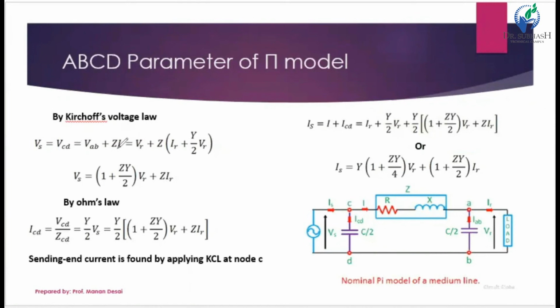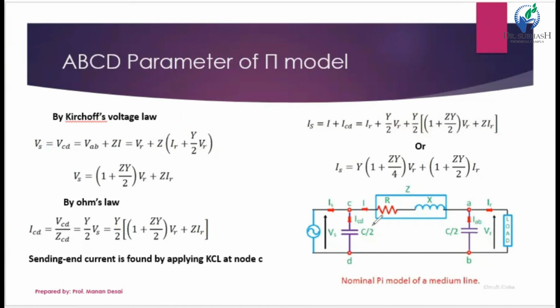VAB plus ZI is equal to the receiving end voltage VR plus Z times I, and as we have seen in the previous slide, I is equal to IR plus Y by 2 VR. So VS is equal to 1 plus ZY by 2 times VR plus ZIR.